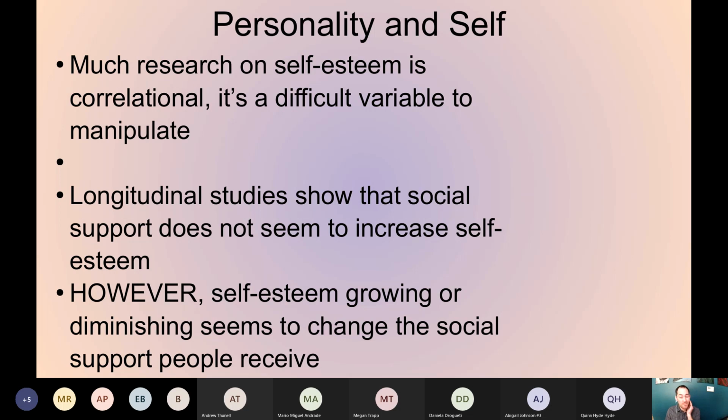Any ideas? Let's say you're a teacher, you have a classroom full of children, and you notice one child's self-esteem is going up or their self-esteem seems to be declining. What would lead to more or less support? Why do you think those people would be getting changes in their social support rather than the other kids whose self-esteem is staying constant?